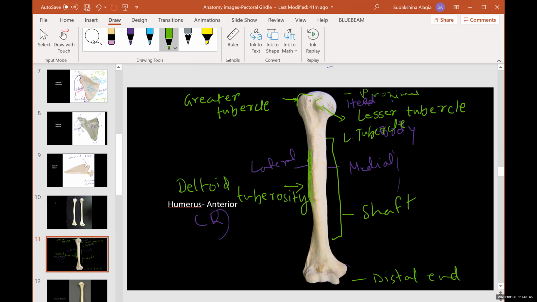So along the shaft. Now let's look at the distal end here. What do we see on the distal end? See how the distal end has flat, smooth parts right there. Let me trace those smooth parts the best I can.